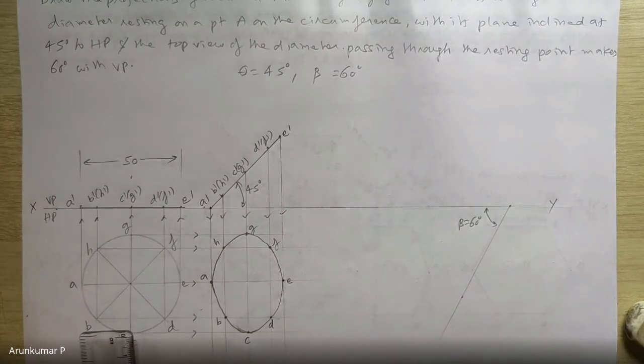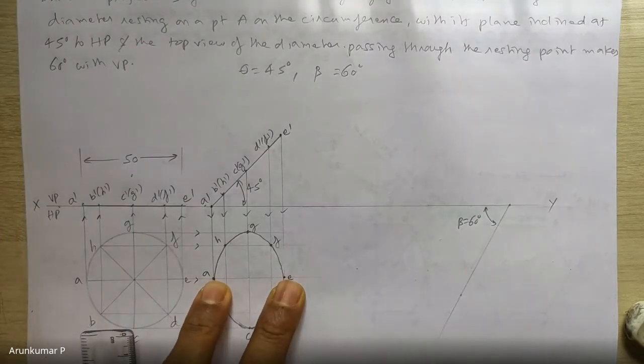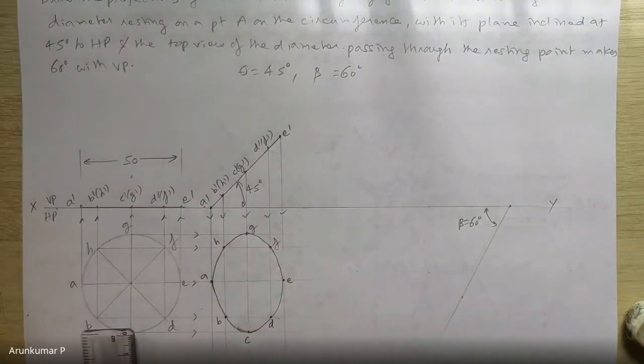Can I place this AE, the second step top view AE, on this 60-degree line? Or should I use the locus method? So we can use the apparent length of AE. So should we use locus or no?